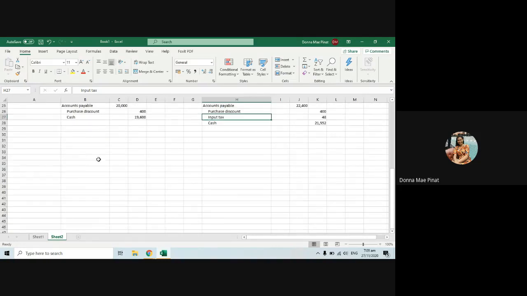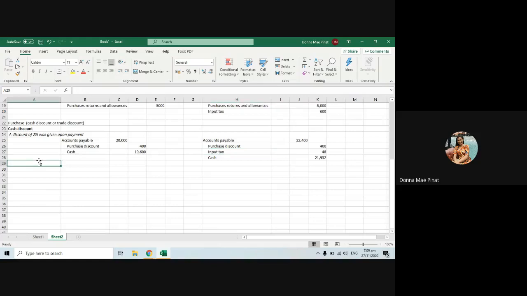Okay. So, by the way, for cash discount, guys, it has many forms. It's not always just stated as 2% given.